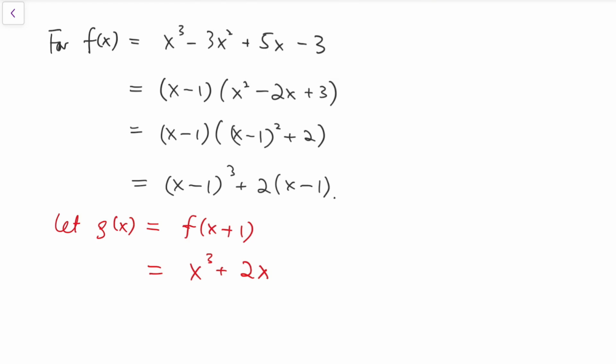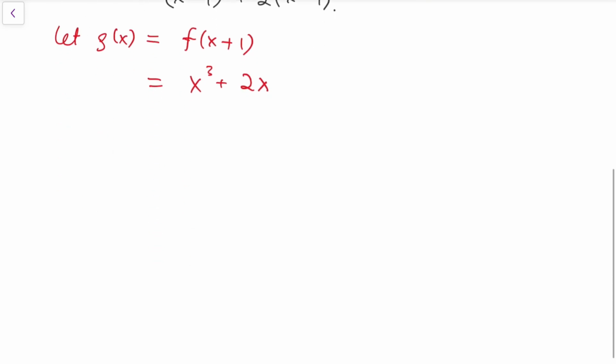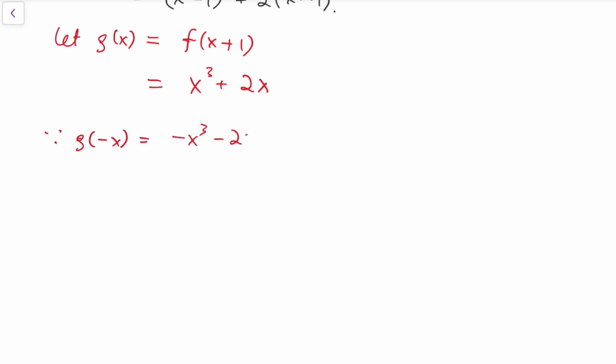Now from this, g of x has many interesting properties. Firstly, it's odd. Just to test it, we can replace x by minus x, and we can see that g is odd.